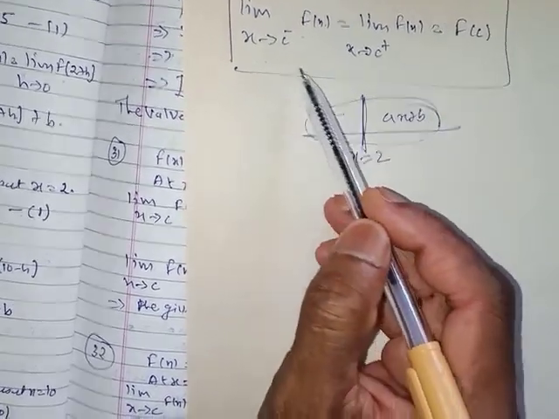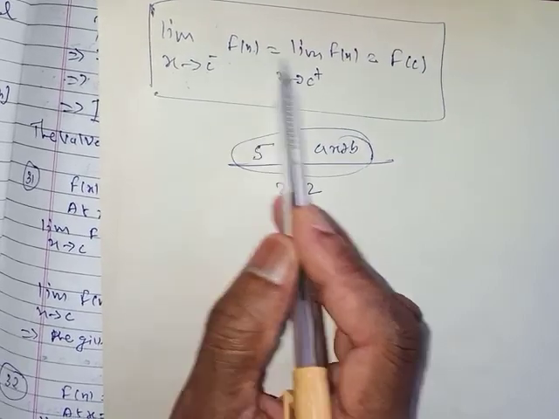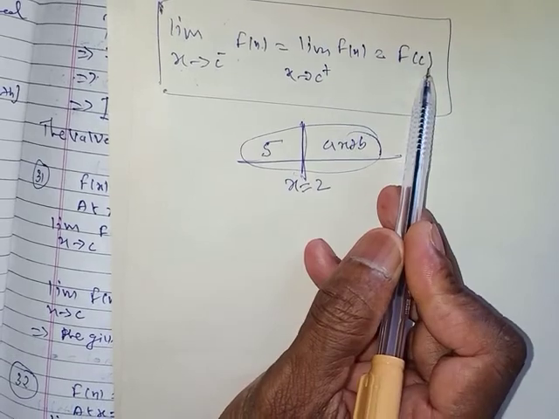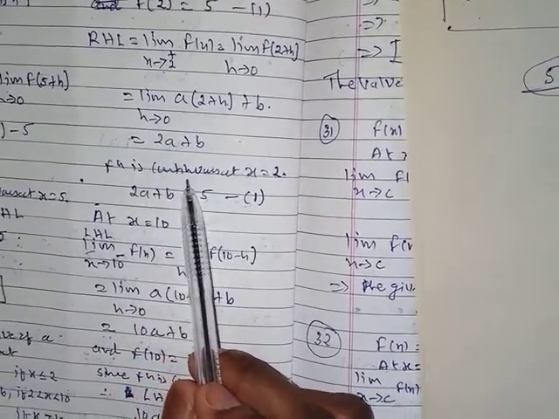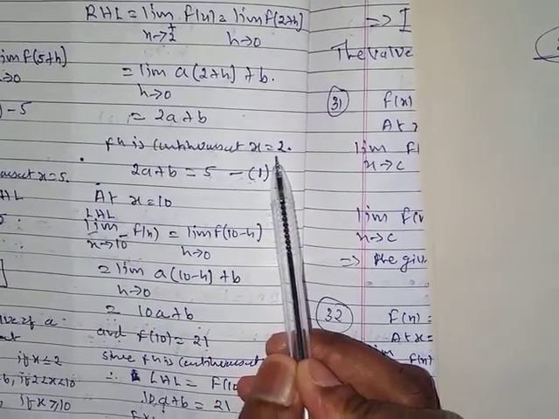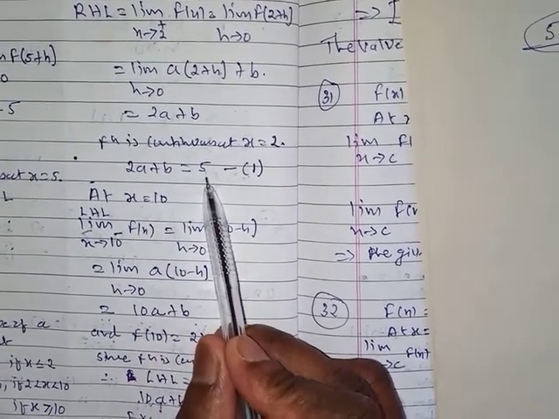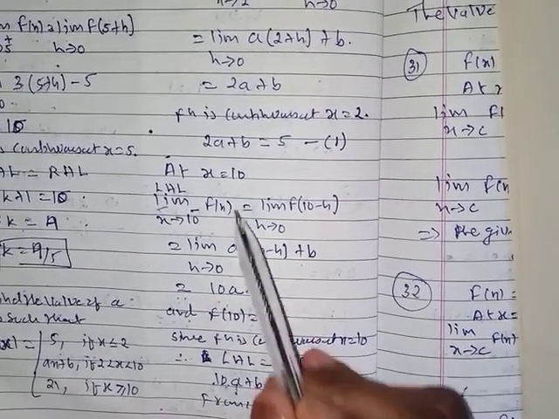It means that limit x tends to c minus f of x is also equal to f of c, and limit x tends to c plus f of x is also equal to f of c. So by this only, since the function is continuous at x is equal to 2, 2a plus b is equal to 5. At x is equal to 2, what is the value? 5. So it's equal to 5.